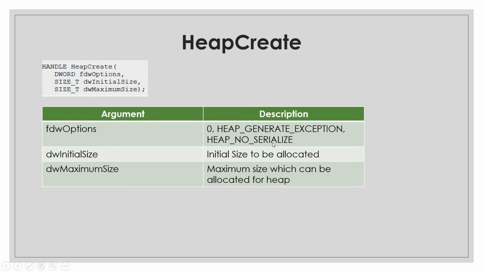In case you use HEAP_NO_SERIALIZE, your heap will not be serialized, which means that whatever heap you have created, the access from different threads will not be synchronized or serialized. So, you should use this very cautiously. You should use this only when you are sure that there will be no two or more threads accessing your heap area at the same time.